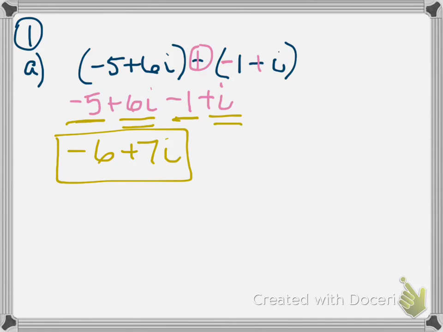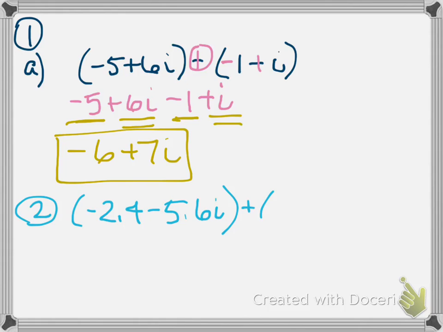Number 2, we have negative 2.4 minus 5.6i plus 5.9 plus 1.8i. So here I have addition, so I don't have to worry about doing anything with that sign.